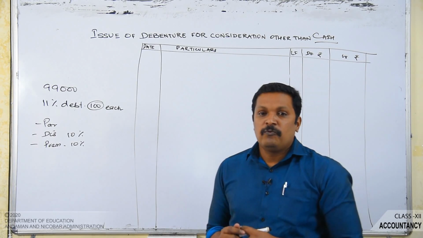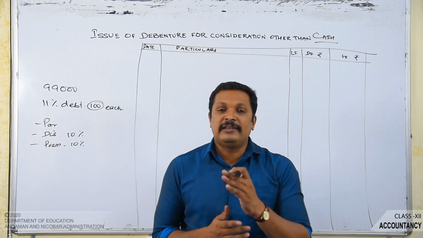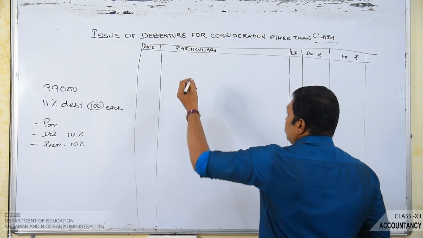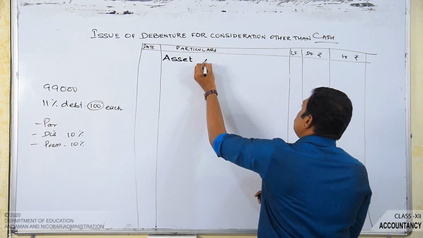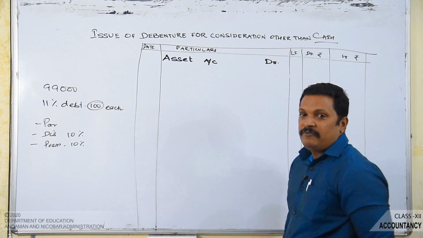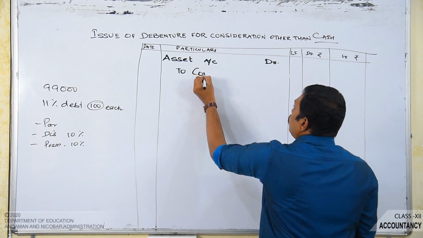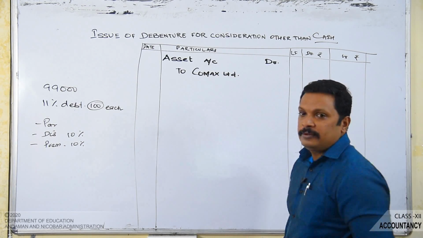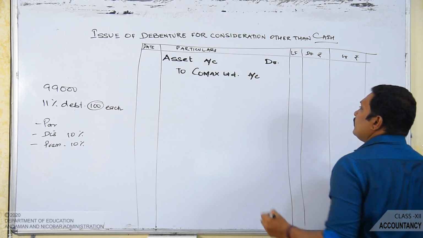Now the first thing is what we purchased. We purchased asset. Asset name is not given. If name is given, you have to write the name. But name is not given here, so we will start with asset. Asset account debit. From where are we purchasing? We are purchasing from Comax Limited, to Comax Limited account.